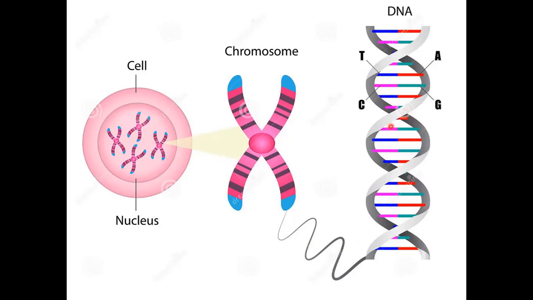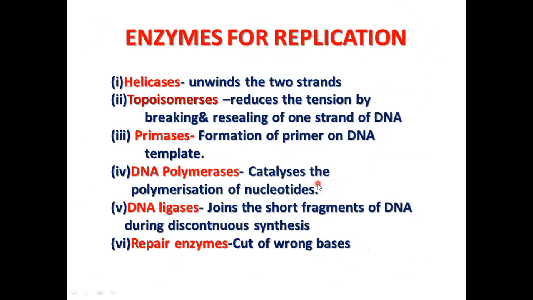The Watson and Crick model of DNA we have learned, and they are joined by nitrogenous bases. The backbone is the sugar phosphate bond in both the strands, and the nitrogenous bases are joined by hydrogen bonds. So knowing the structure of DNA, now we are going to the topic, that is DNA replication.